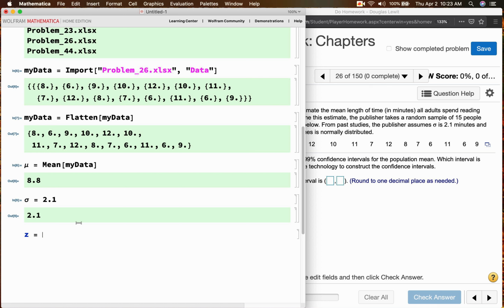So z is equal to inverse CDF, normal distribution, 0, 1, 0.95.